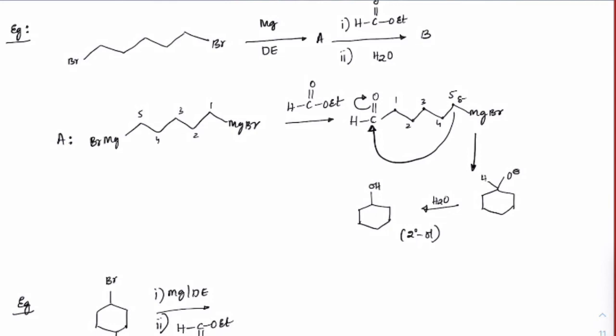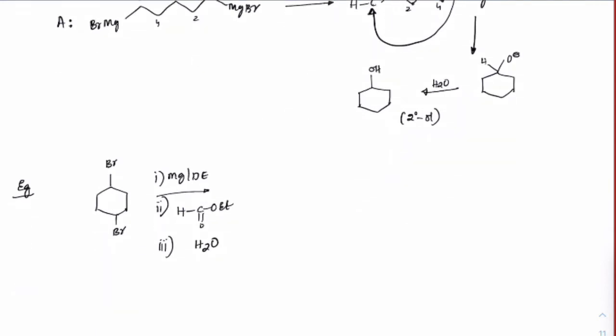Try to make out the product, right? So check it out. First again we'll write the Grignard's reagent here, so we'll get MgBr and MgBr. Then on treatment with this we'll get OEt leaving out, so we will get here C double bond O H with MgBr present.